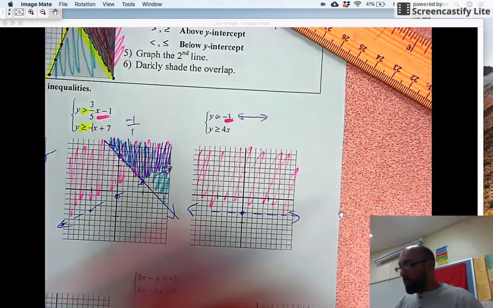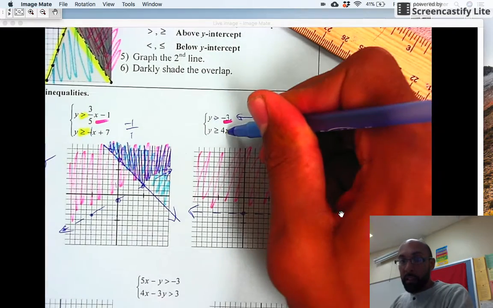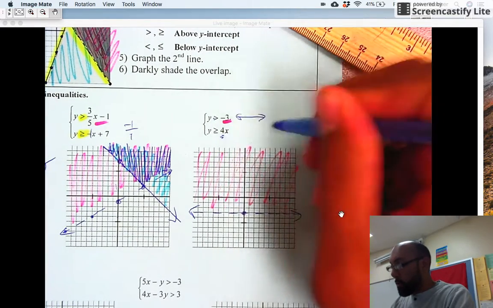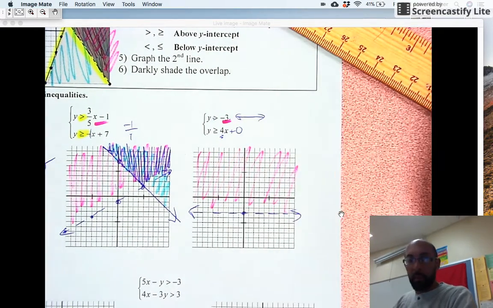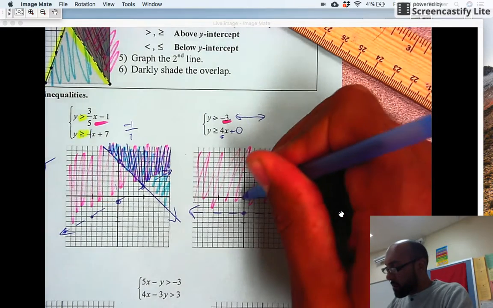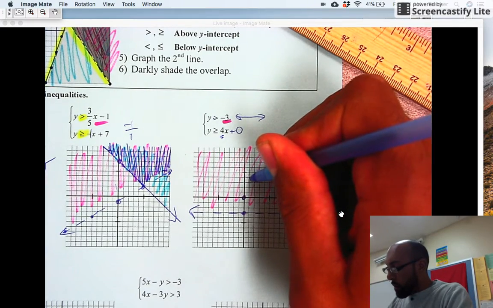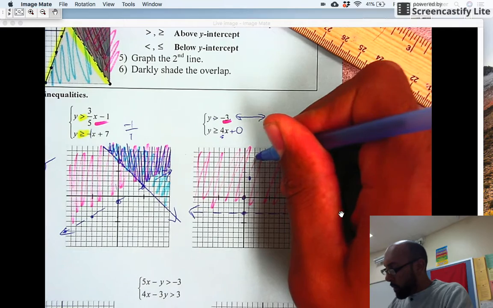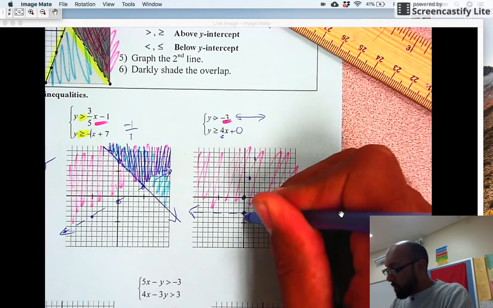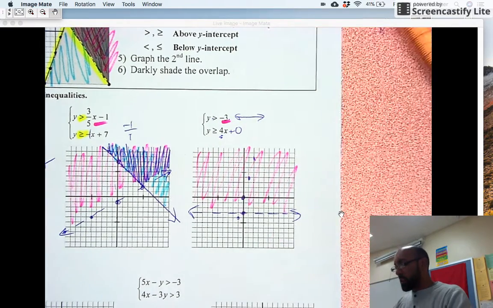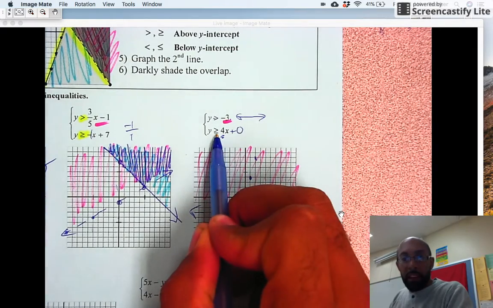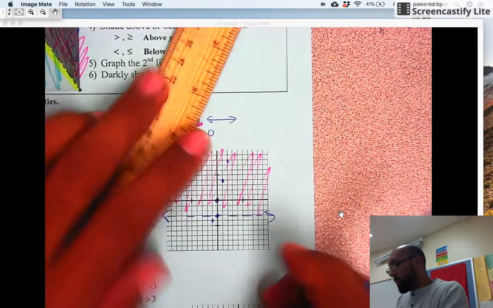And then the next one, there is an X, so it has a slope. That is the slope, and the y-intercept is 0. So plus 0, we start at 0, up 4, right 1, up 4, right 1, down 4, left 1 to go the other way, and that's good. And then again, we have an equal sign, so it's going to be a solid line.